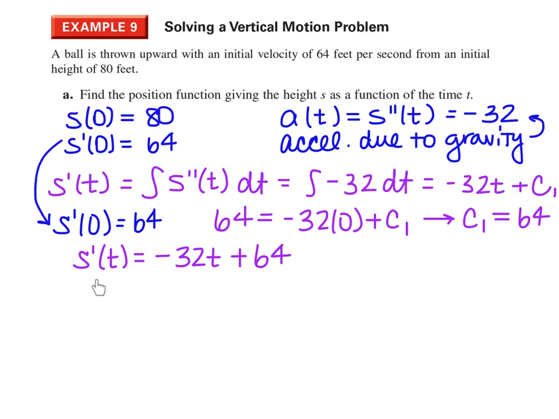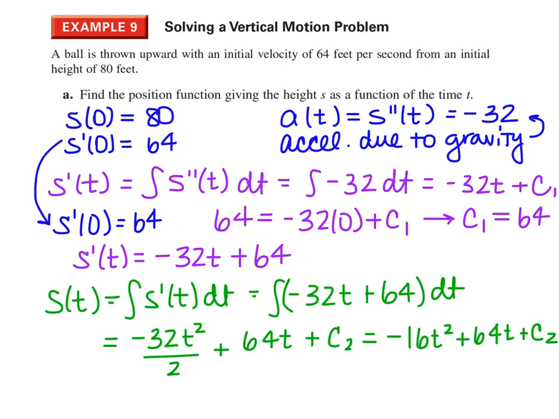And now I can use this to find the original position function, s of t. So s of t is equal to the integral of s prime of t, right? We're working backwards to find the original. So we plug in our s prime of t, negative 32t plus 64, and we integrate and simplify to our original position function being negative 16t squared plus 64t plus some other constant, c2.